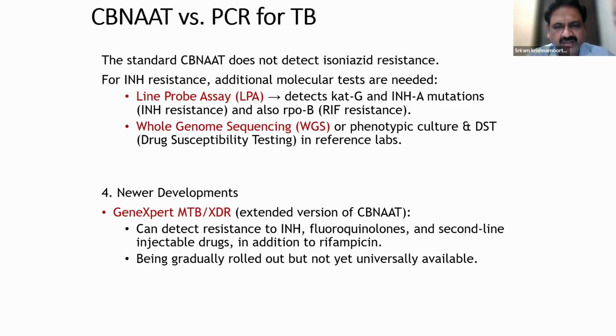Now we have got the facility to look for sensitivity and resistance to not only INH and rifampicin, but also to the second line drugs, fluoroquinolones, cycloserine, and then clofazimine, and linezolid and all that. So we have more and more developments coming up nowadays. We can also look, in the first sitting itself, whether the particular organism is sensitive or resistant to first line as well as the second line drugs. That is called GeneXpert XDR. Okay, so that is the extended version of CB NAAT.